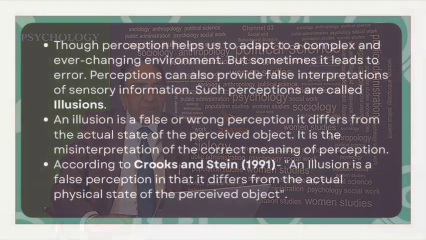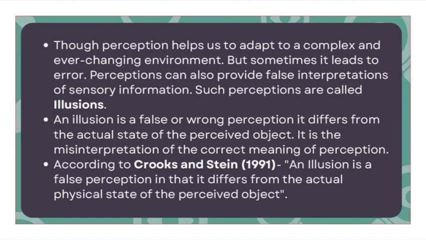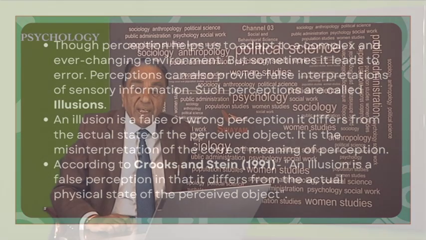Though perception helps us to adapt to a complex and ever changing environment, sometimes it leads to error. Perceptions can also provide false interpretations of sensory information. Such perceptions are called illusions. Illusion is also a perception.